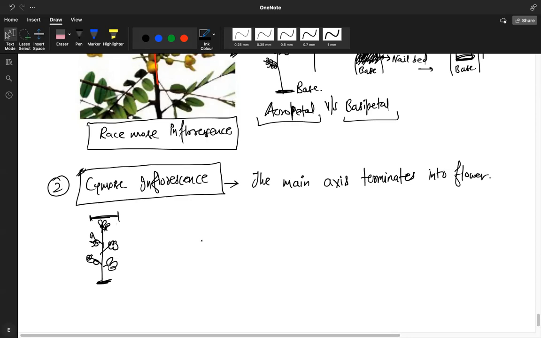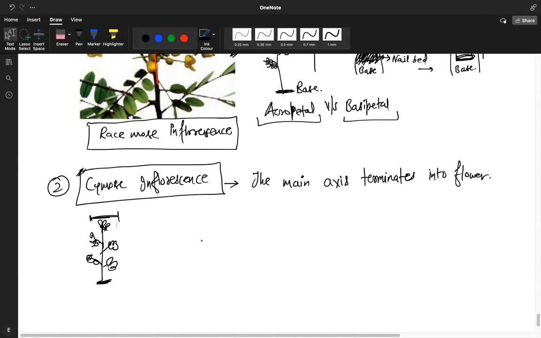So write down, cymose inflorescence is limited in growth. And in this, write down, new flowers are born in a basipetal order.